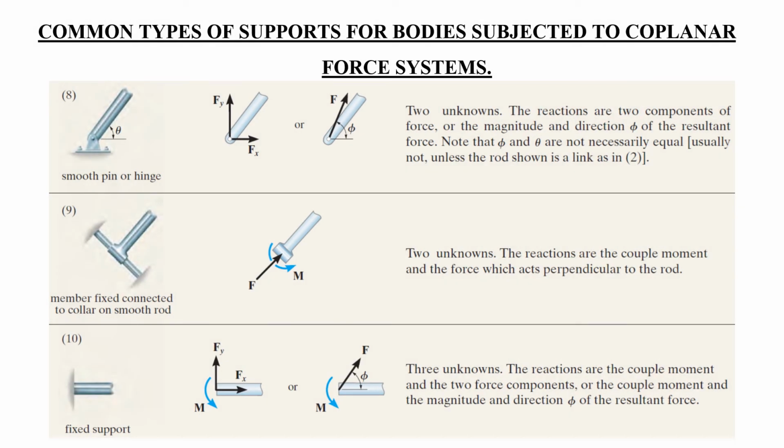But now let's look at some of the cases where we have two forces on a single support. For example, in the last example we saw that there was a pin at the slider mechanism. What if there is no pin and it is a single body which is installed?